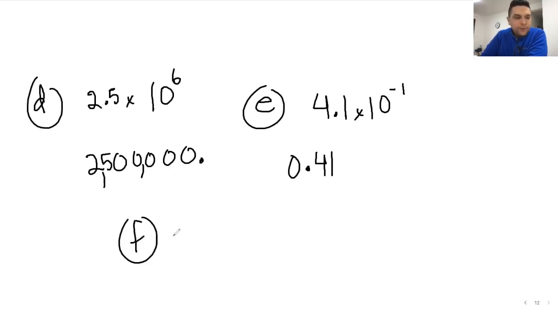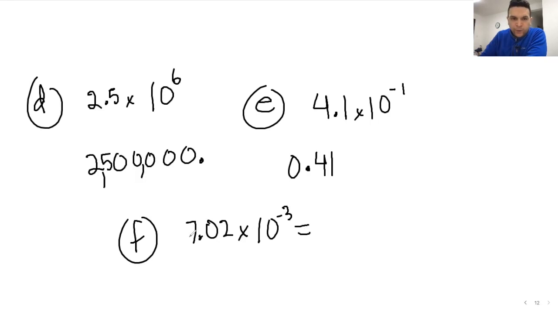Lastly, F, 7.02 times 10 to the -3. So again, now it's negative, so we got to move to the left. The decimal point is here. We got to move it 3 places to the left.